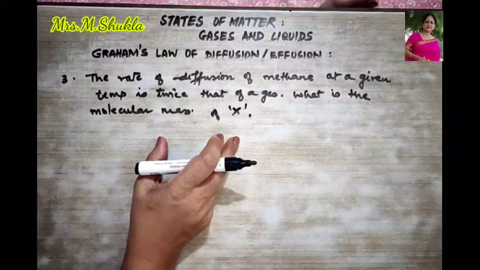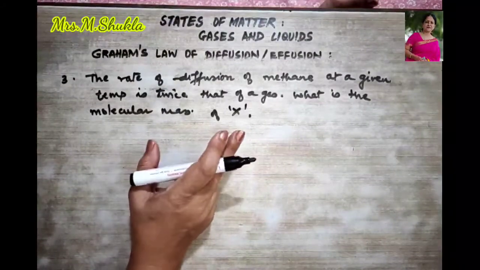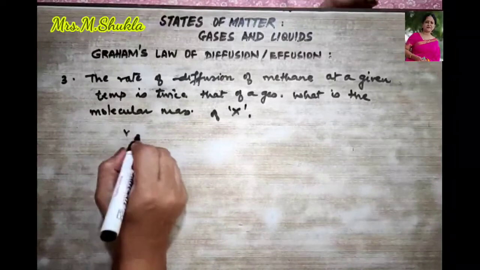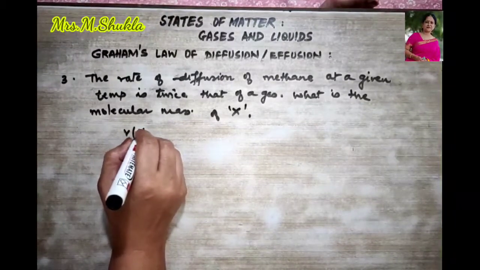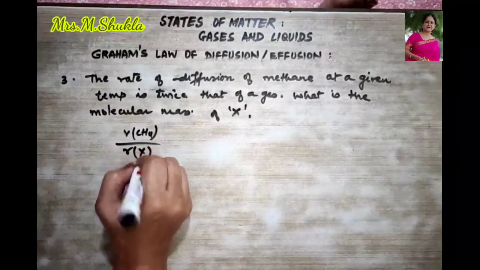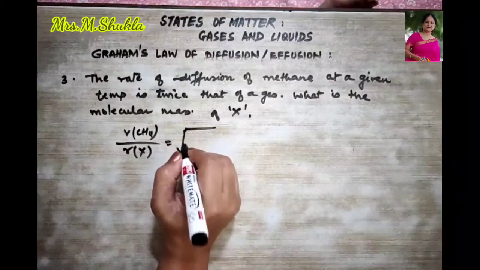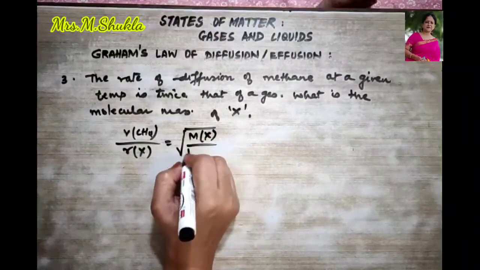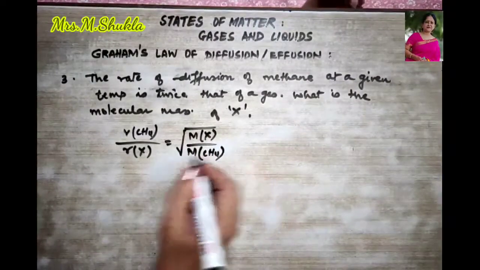So what are we going to do over here? The rate of diffusion of a gas, remember, is inversely proportional to the square root of its molecular mass. So let's write down the rate of diffusion of CH4, methane, upon that of gas X, which is equal to the square root of M of X upon the molecular mass of CH4.